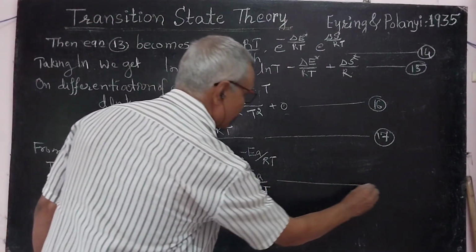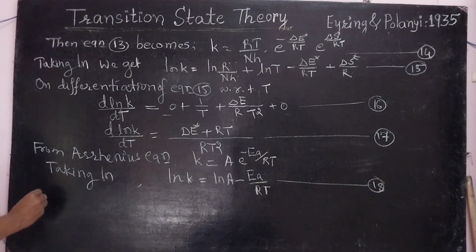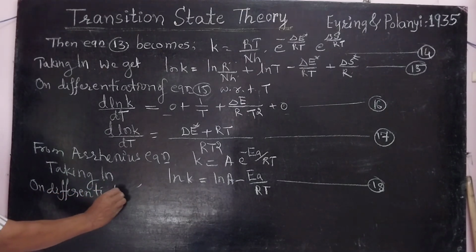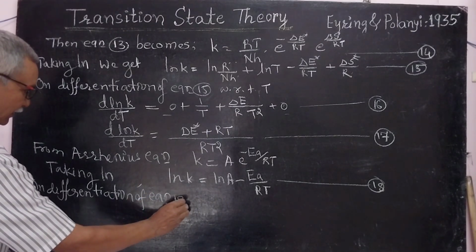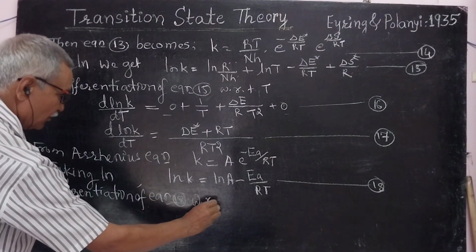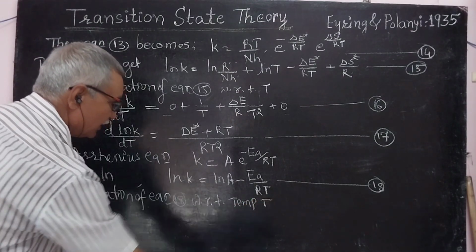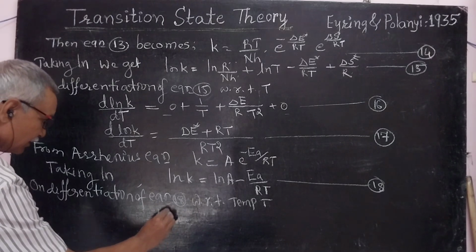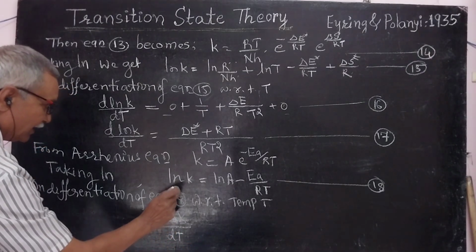Suppose this is equation 18. On differentiation of equation 18 with respect to temperature T, we get d ln k divided by dT.